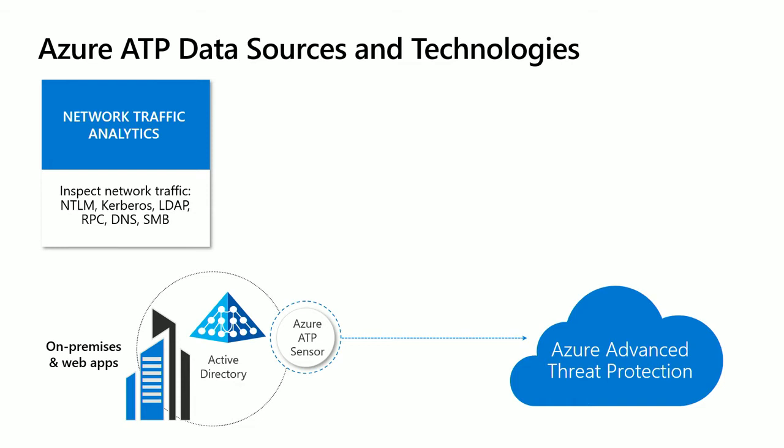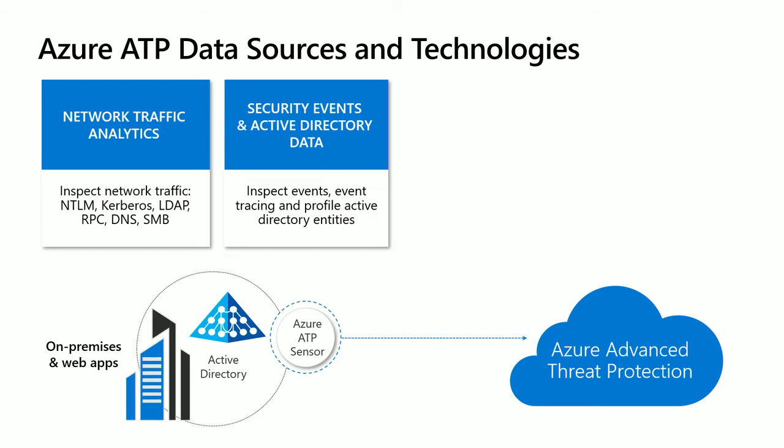I'm saying micro because it's not running on the entire network, but it is focused and dedicated on the assets that you are looking after, which are your Active Directory servers. And it is parsing a large variety of protocols in order to understand how they look, something that is not shown in the events. But if something is shown in the events, let's leverage it.